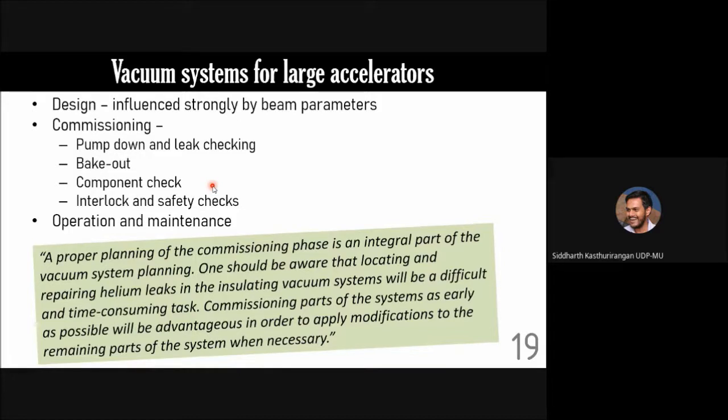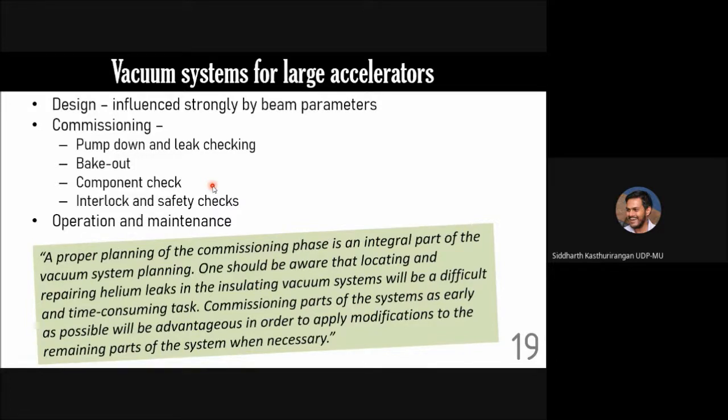So you can realize that continuous maintenance will be needed, and in many major accelerator facilities you do have a dedicated group which is just working on vacuum system operation and maintenance. It is a full time job. You cannot say, I put the vacuum pump in, now my work is done. It is not like that.